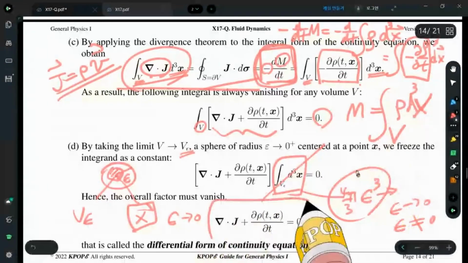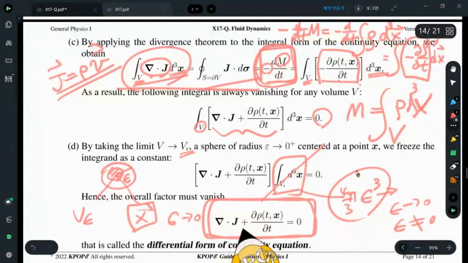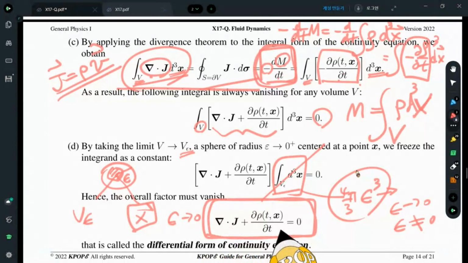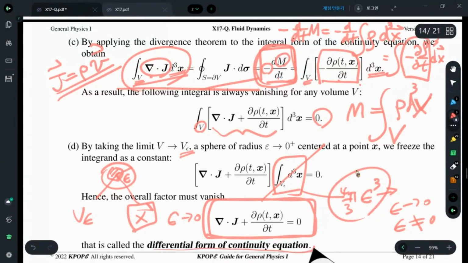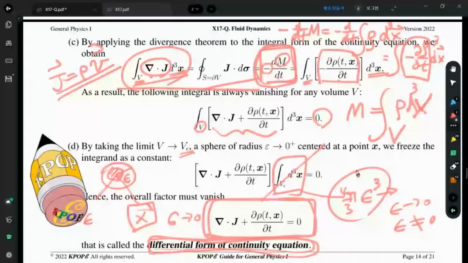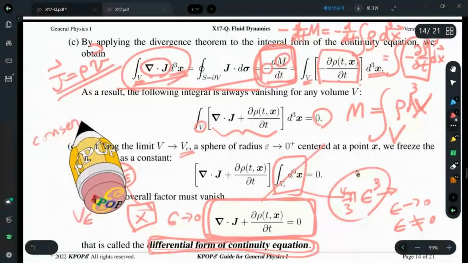I end up with a very useful relation: divergence J plus the partial time derivative of the mass density is always 0. This is the differential form of the continuity equation. This is the consequence of conservation of mass.